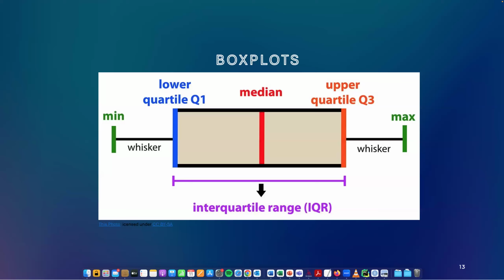The construction of the box is based around the dataset's quartiles, the lower quartile and the upper quartile. The first quartile, Q1, is greater than 25% of the data, then less than the other 75%. Now, the second quartile, which sits in the middle, divides the data in half.